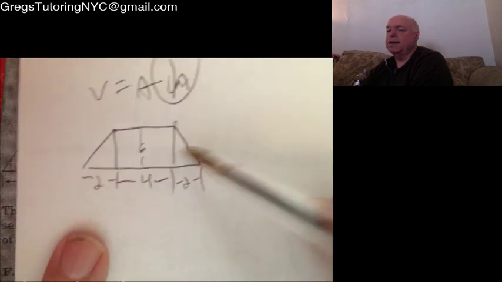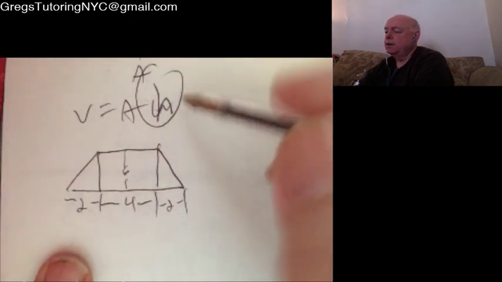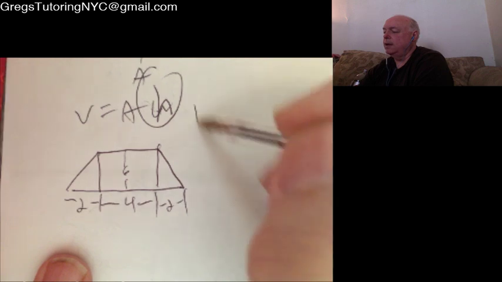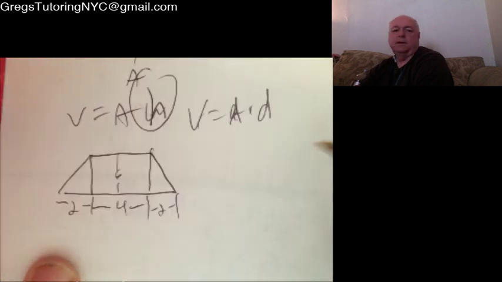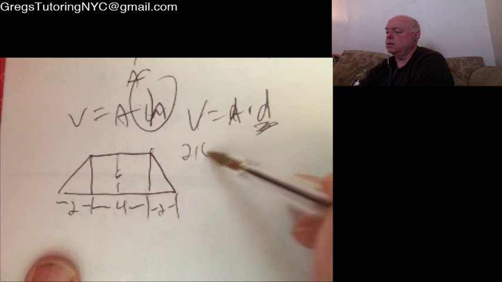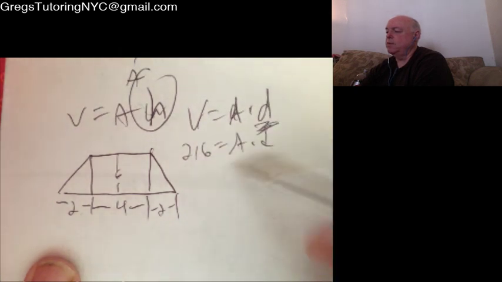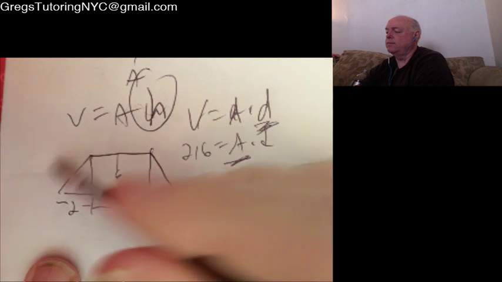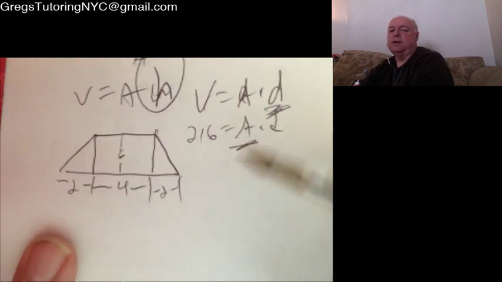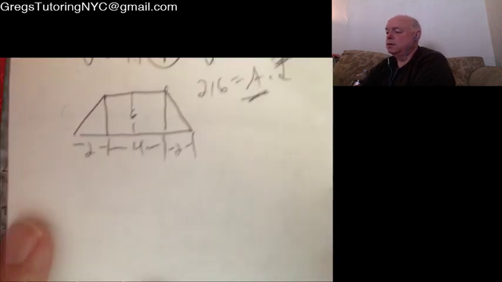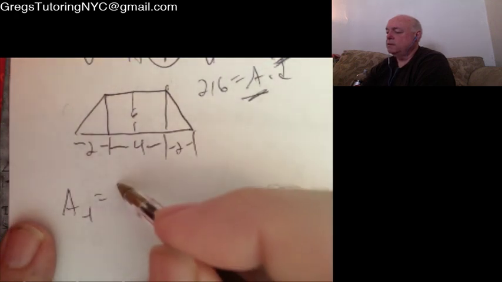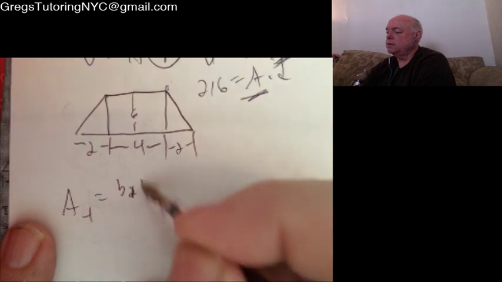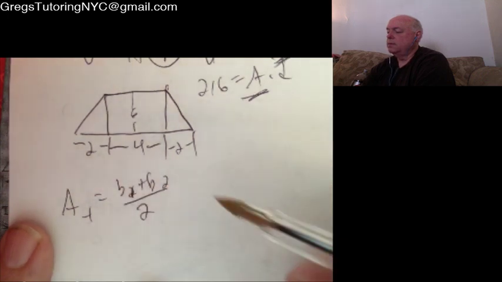One is to know how to get the area of a trapezoid, and then in this case we're going to do that equals the area times the depth. That's what we're striving for, to get that D. So we know this is 216 already. The question is, how can we get one or the other? We can figure this out from the numbers they've given us. So you either know the area of a trapezoid, which is the two bases, base 1 plus base 2 over 2, times the height.